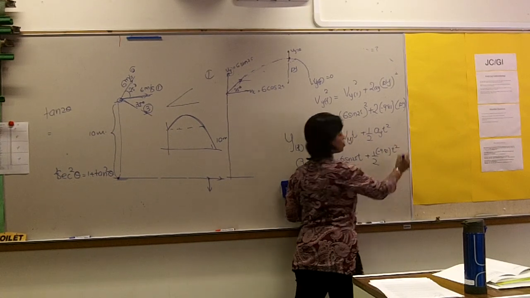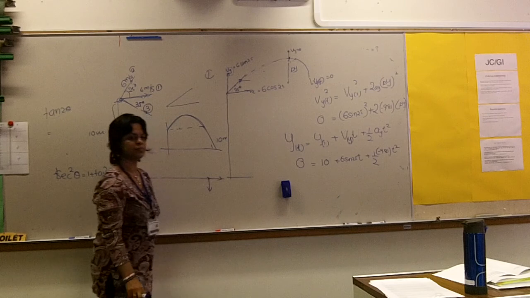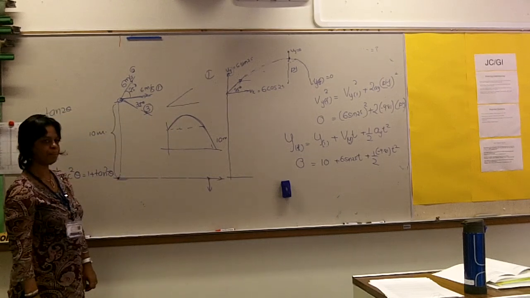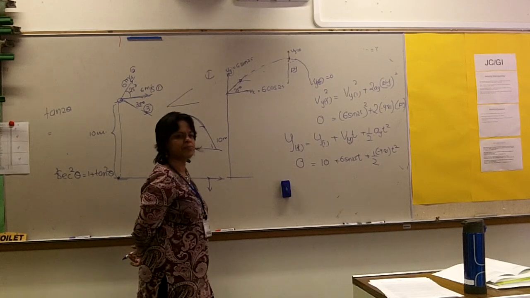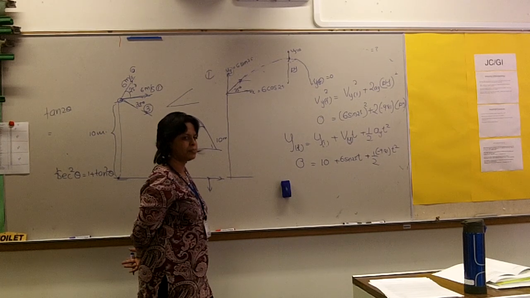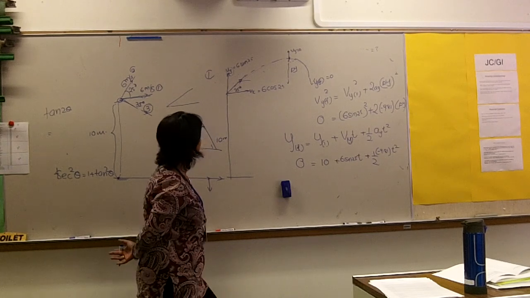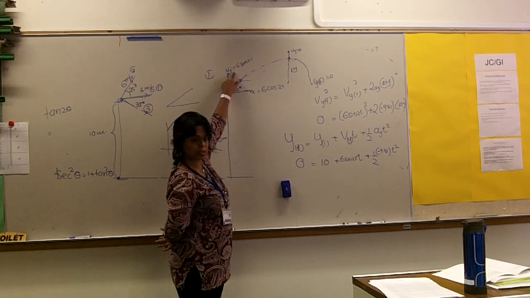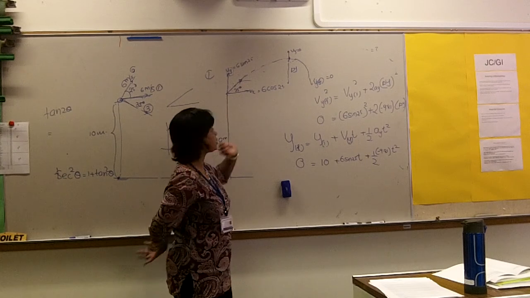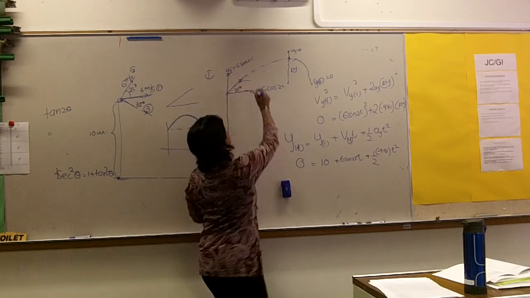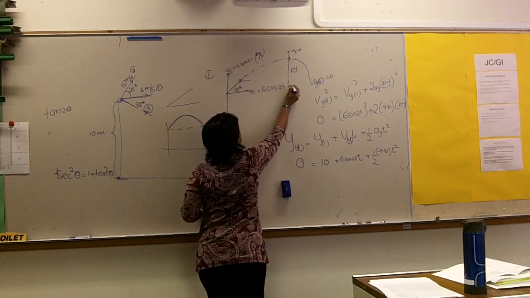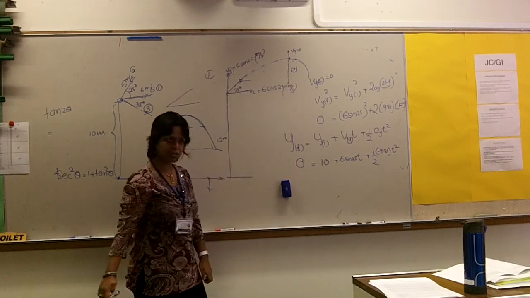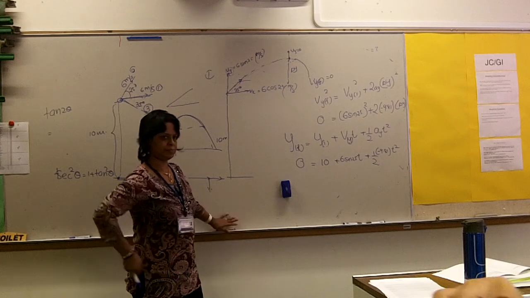Does it mean 6 times 25 per second? Yes, this is per second. This is a velocity, meters per second. These are all velocities. Now it's a quadratic equation, yes. Got it?